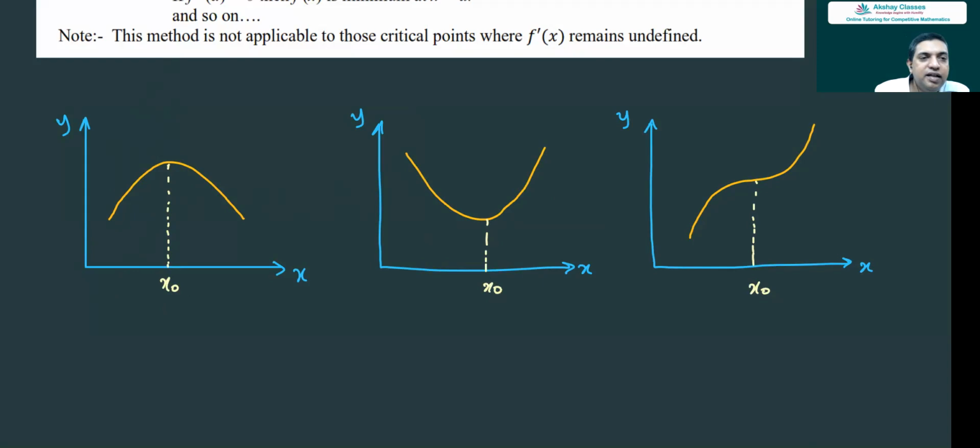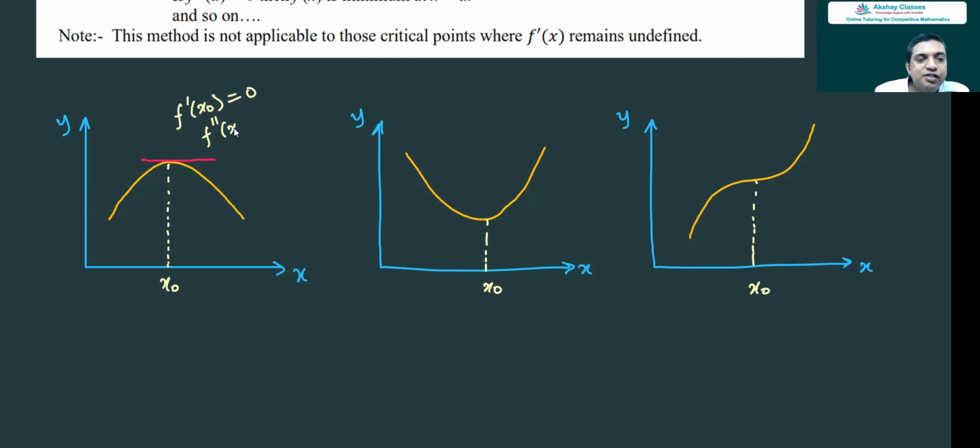Here clearly at x naught, f dash x naught is 0 because you get a horizontal tangent, the slope 0.